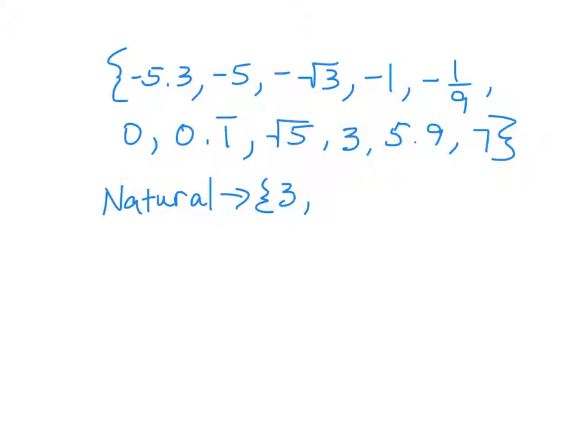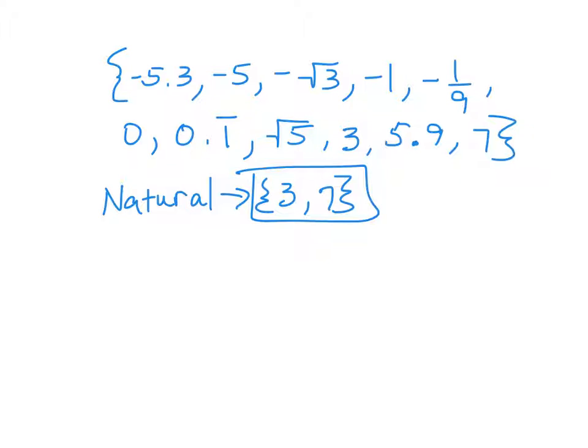There's 3. Is that 7 on the end? It is 7 on the end. Is that it? Do you want 5.9 or not? No, that's it. You're correct. Nicely done. The natural numbers in that set are 3 and 7.